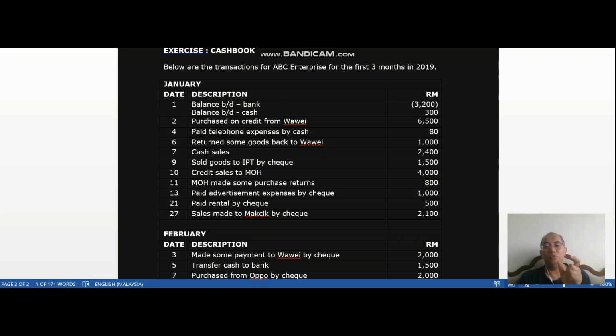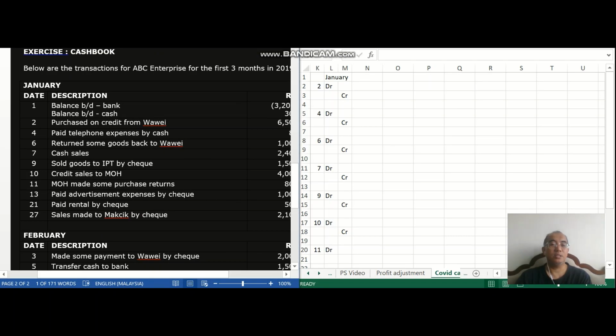If the word cash and bank appears in your journal entry, definitely it will go to your cash book. Other than cash and bank shouldn't go into your cash book. So in that case, let's go to Excel. I made this split screen.